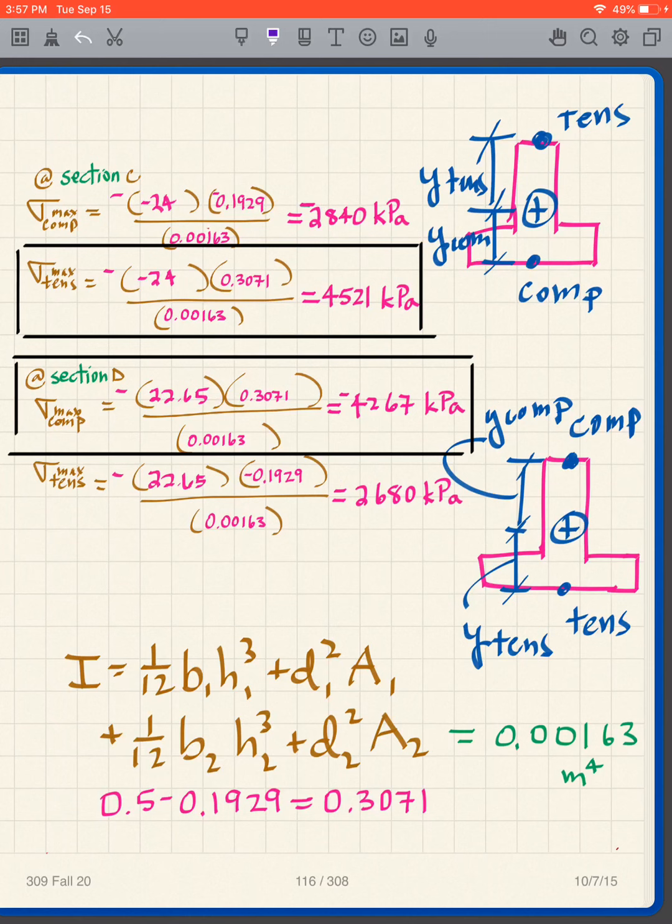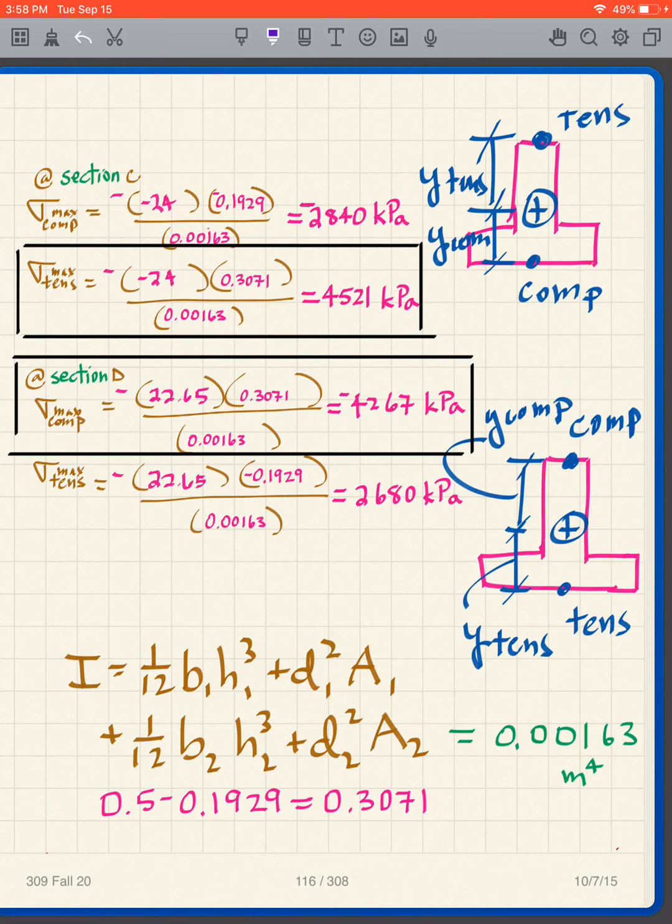Okay, so what do I do? I compare the negative numbers, I compare the positive numbers. So I compare that one with that one. Which is bigger? This one is bigger, so that's my maximum compression. Now I'm going to compare positive numbers. This one is my largest positive, so that's the maximum.